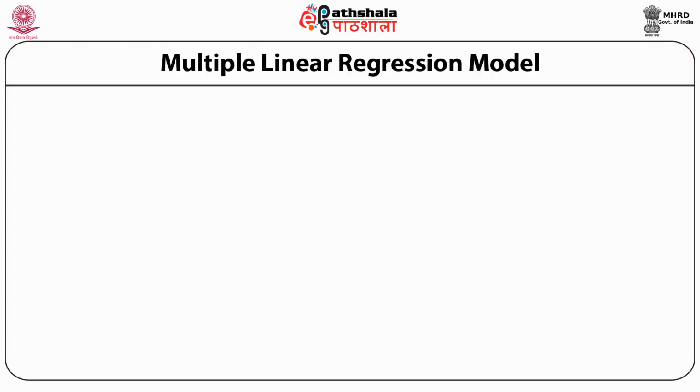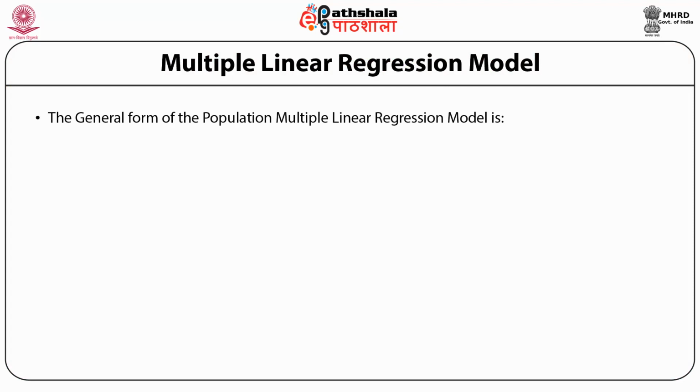As we have seen, in a multiple linear regression model we have one dependent variable and two or more independent variables. This model also assumes a linear relationship between the dependent variable and every independent variable.